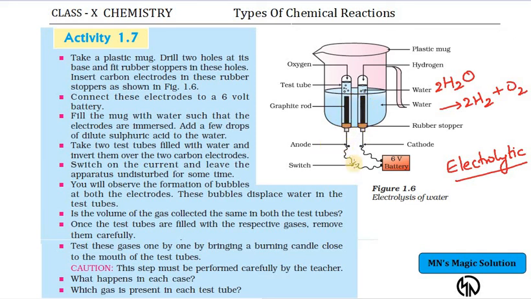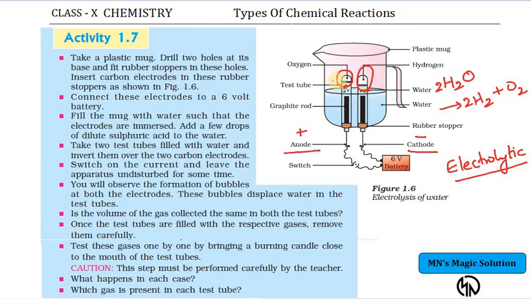The terminal connected to the positive is called the anode, and the one connected to the negative is called the cathode. At the anode, the oxygen ions are negatively charged, so they combine to form oxygen molecules, which get collected at the top. Similarly, hydrogen gets collected over here.